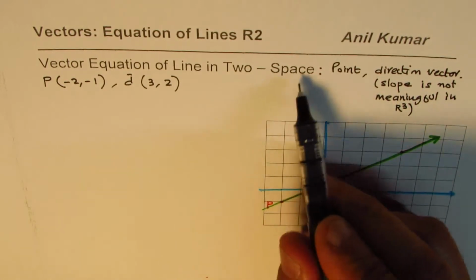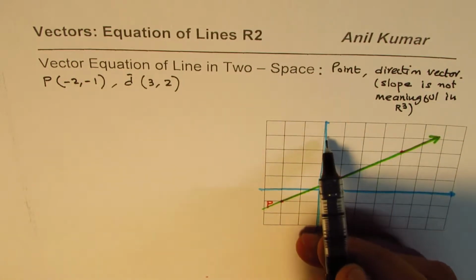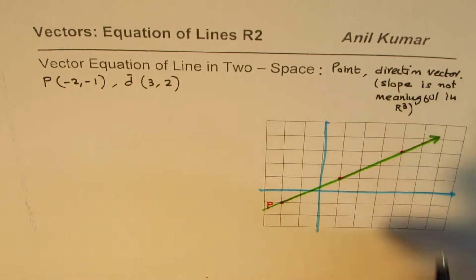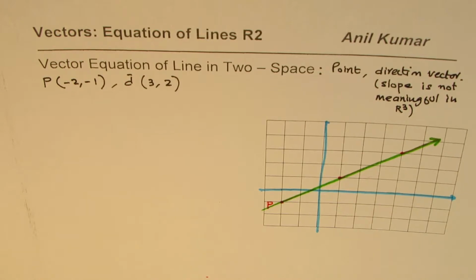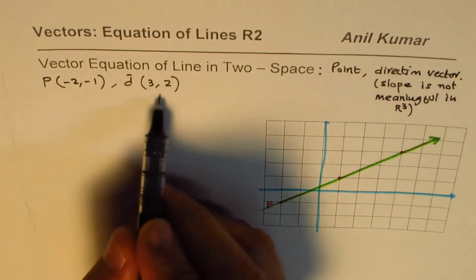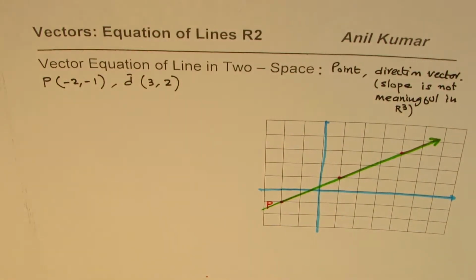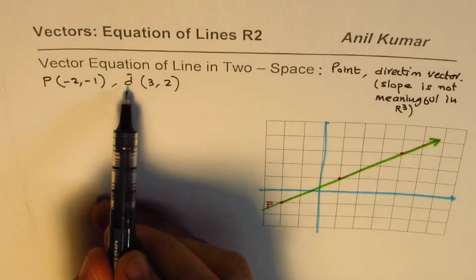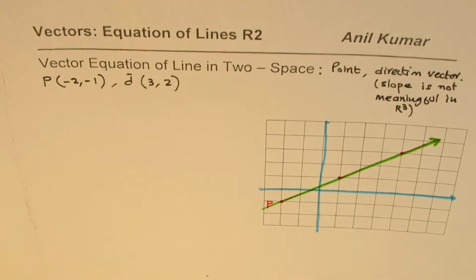That means we're talking about 2 space. Rise is along y, run is along x. But if we have R3, then how will you define slope? So it loses its meaning. Direction is a better word. So direction vector is what you should be using. So I'll try to avoid M for slope and use D for direction.